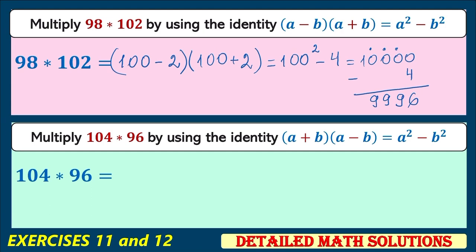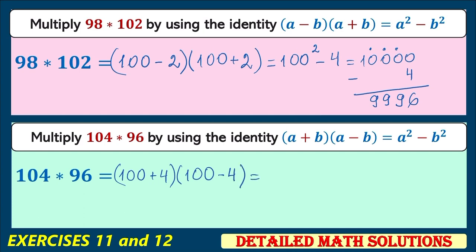Next exercise, multiply 104 and 96 by using the identity. To solve this exercise, I'm going to write 104 as the sum of 100 plus 4, and then 96 as 100 minus 4.